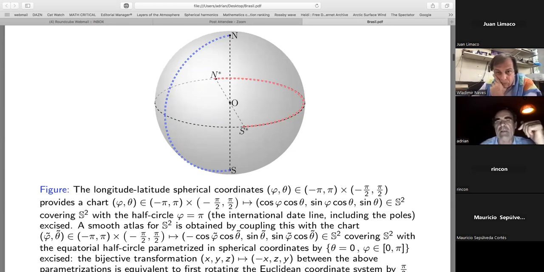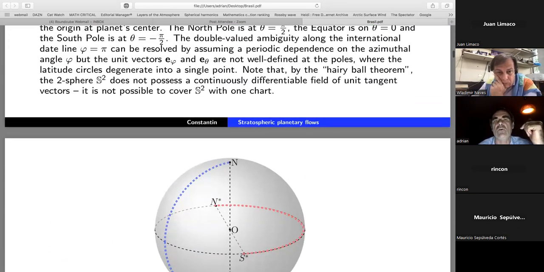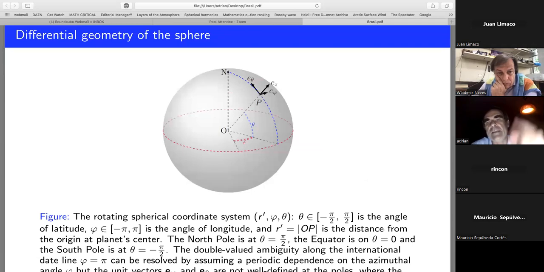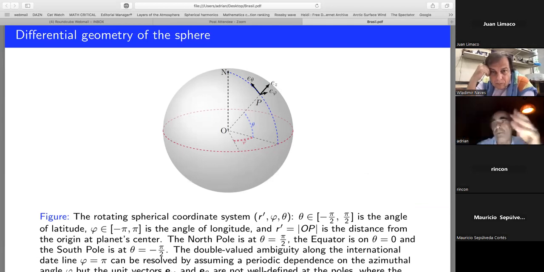I go back here, there is something called the date line. Okay, so let's say that longitude 0 is Greenwich on Earth, and this is 0 degrees latitude, and at 180, that's somewhere in the Pacific, you have the so-called date line where there is the passage between this day and the next one.